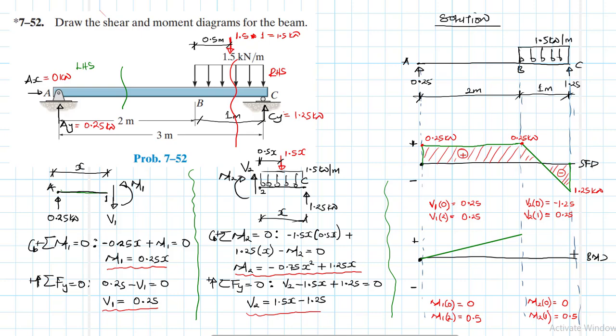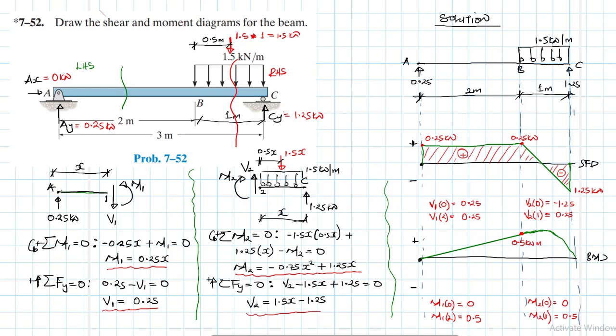We expect something like this. So let's start from C, something like that. I may not have drawn it properly. Mind you, there is this point here, which we found, and we said it is 0.5 kilonewton meter.